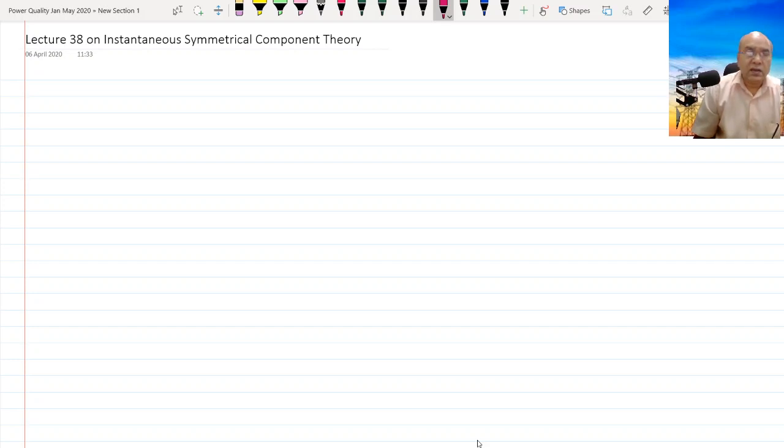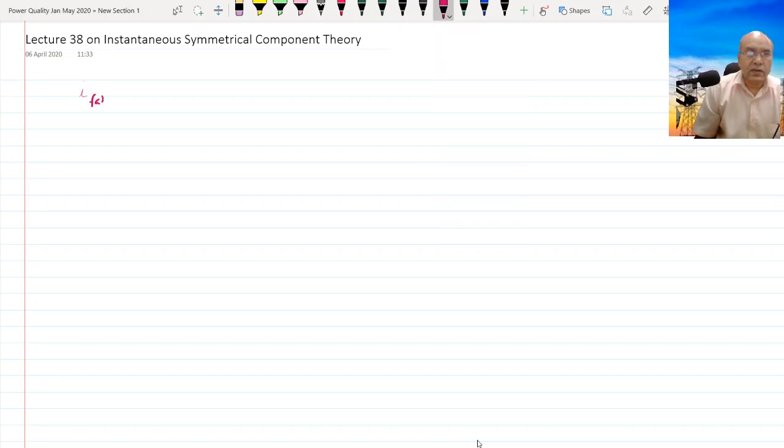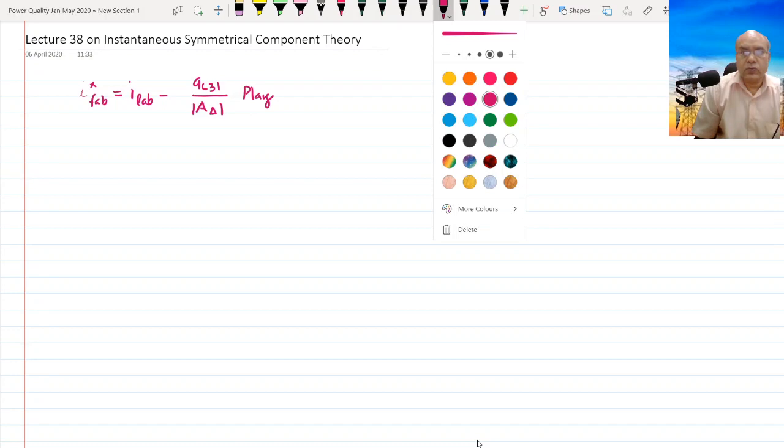So basically in the previous class we have established that IFAB star equal to ILAB minus AC31 by the determinant of A matrix, A delta for delta configuration, into PL average. I hope you remember this.